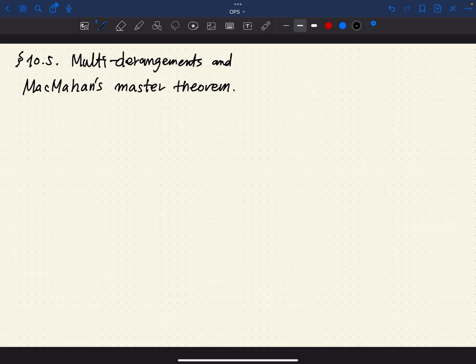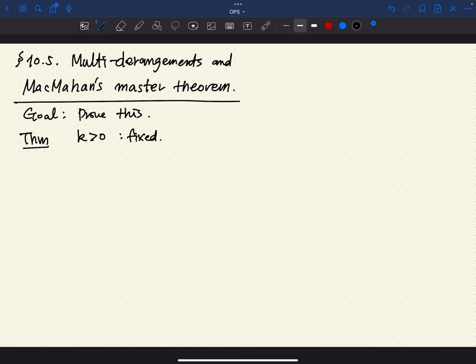Okay, so our goal here is to prove this theorem. k is a fixed integer. Take the generating function over n1, ..., nk non-negative integers.